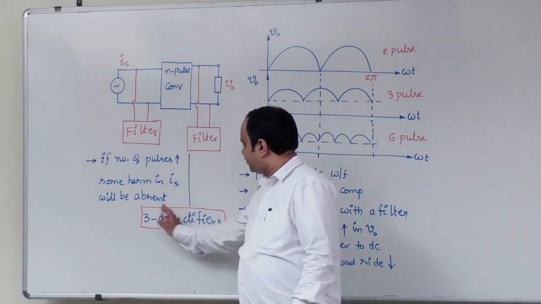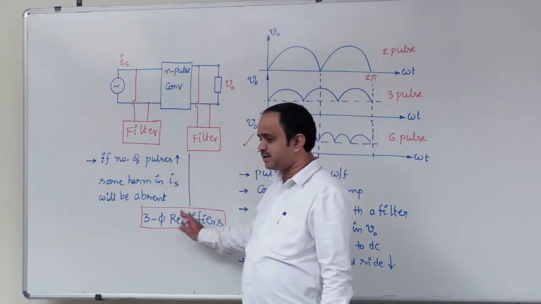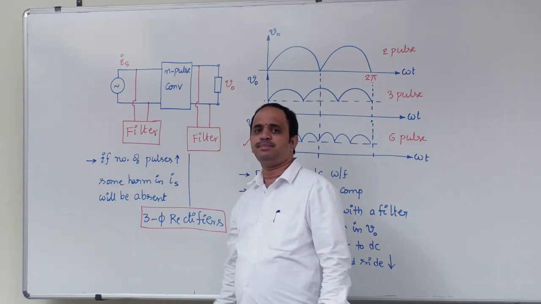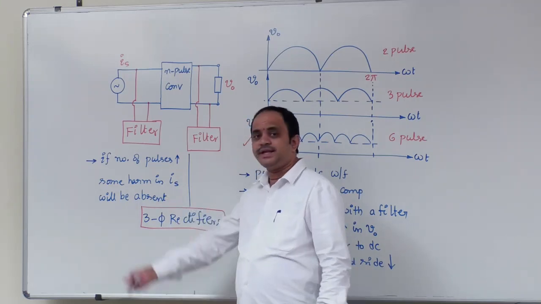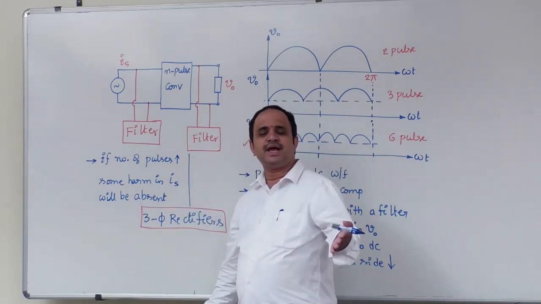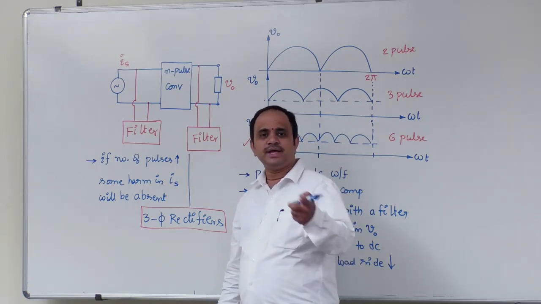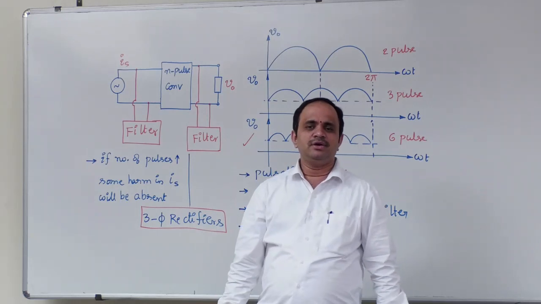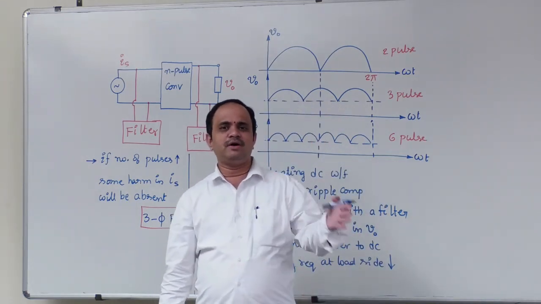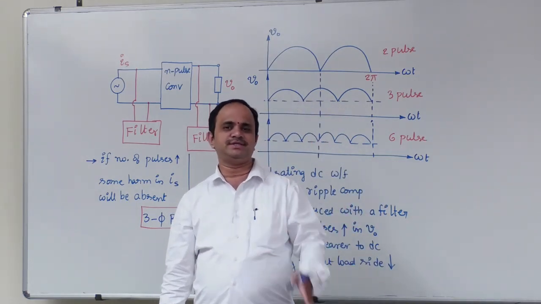Therefore three-phase rectifiers are best suited for high power applications, because filtering requirement at the source side as well as load side will reduce, right? Now if you recollect, in the single phase topic, while we were moving from half wave to full wave, we had a discussion.